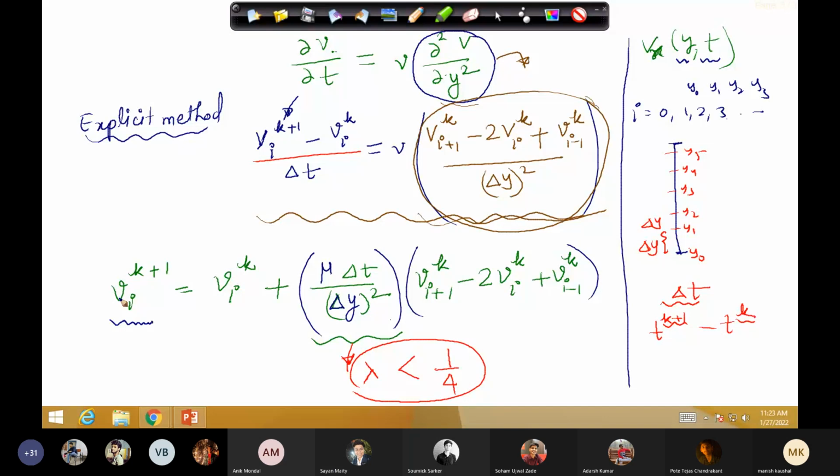For knowing the values at the next time step k plus 1, you are using all the values in the previous time step. So you are not solving all the equations together, you are going one by one.